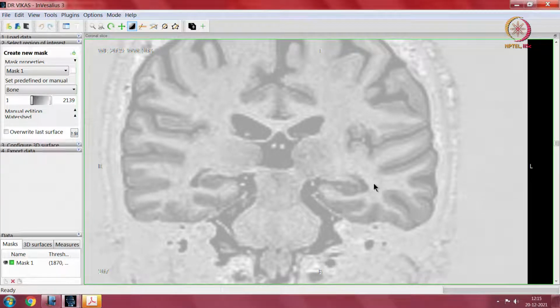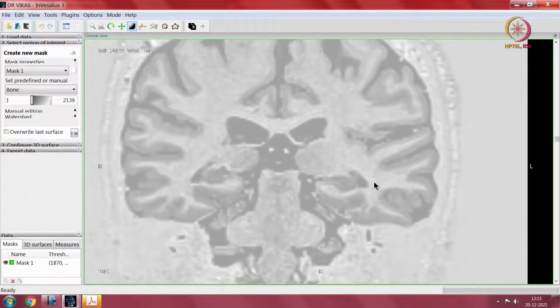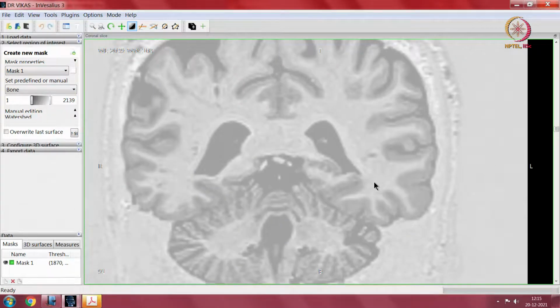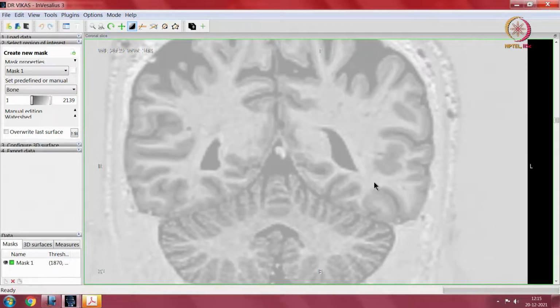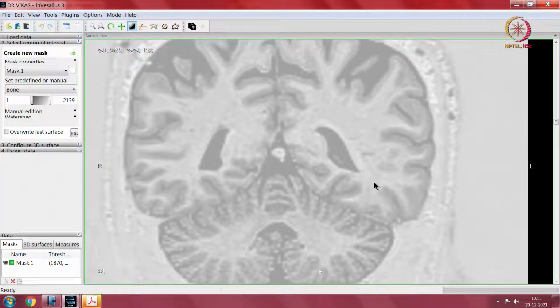So, the tentorium divides the cranial cavity into two parts. These are sections, continuous sections. So, the tentorium separates the cerebrum and cerebellum, and splits the skull into supratentorial and infratentorial. So, here we can see the differences between the two parts. This is the cerebrum, note the architecture of the cerebellum. So, this is cerebellum, cerebrum.